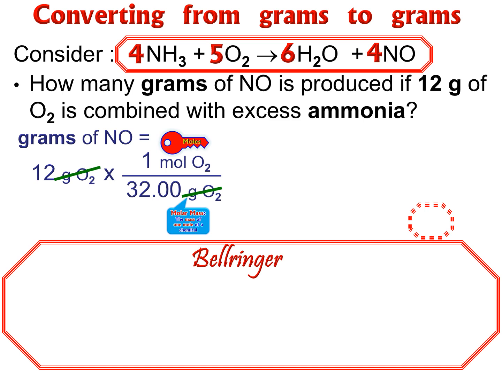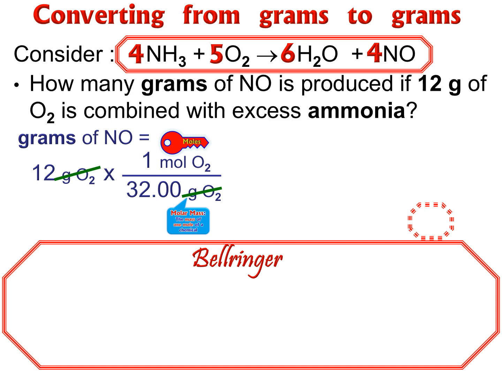Okay. To get from moles of oxygen to moles of, what's the other chemical? Oh yeah, NO. I need the mole ratio. It's going to be moles over moles. We're jumping from oxygen, so where does the oxygen go? On the bottom. Also you can see to cancel that unit, moles of oxygen has to be on the bottom. And we're jumping to nitric oxide, NO. So where does that have to go?